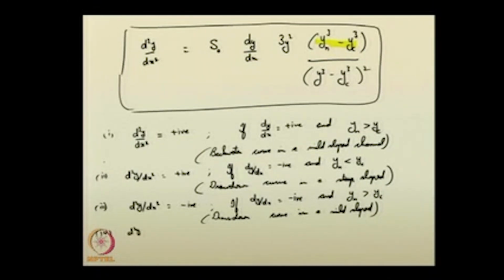Similarly, d squared y by dx squared is negative if dy by dx is positive and y_n is less than y_c. So, one can easily see these things now.